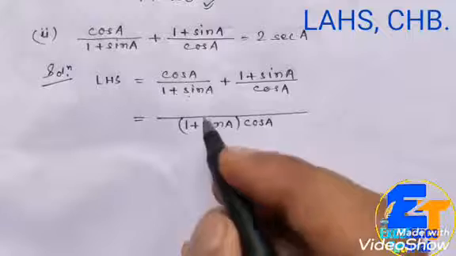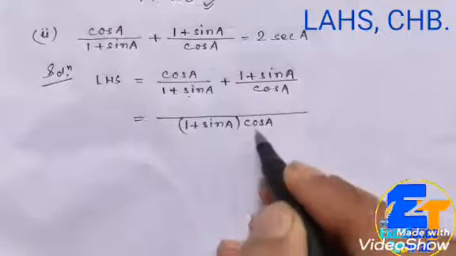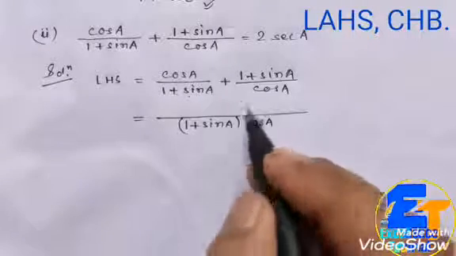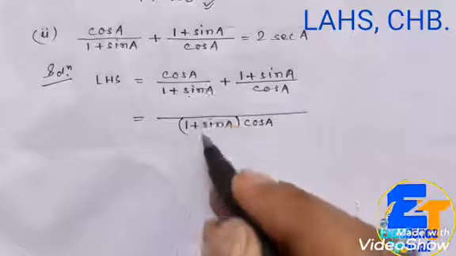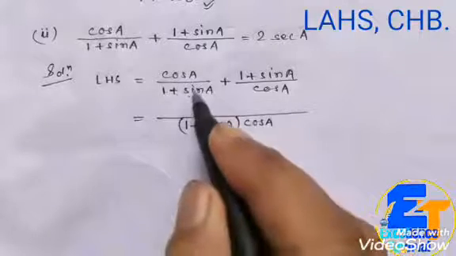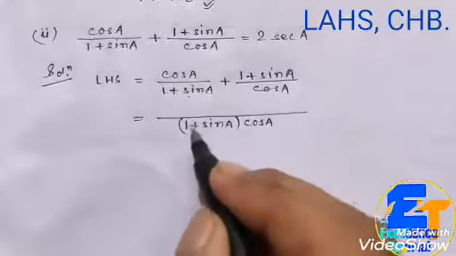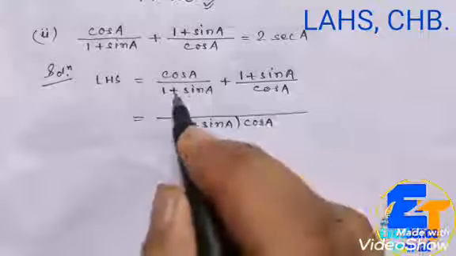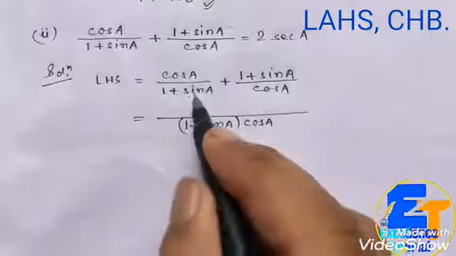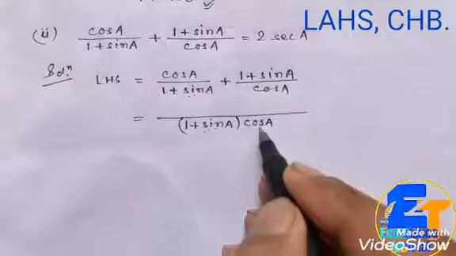Now next step, this is the LCM, and we are going to divide the LCM by the denominator, 1 plus sin A. When you divide the LCM by this denominator, these two terms will get cancelled. So what is left? Cos A left.